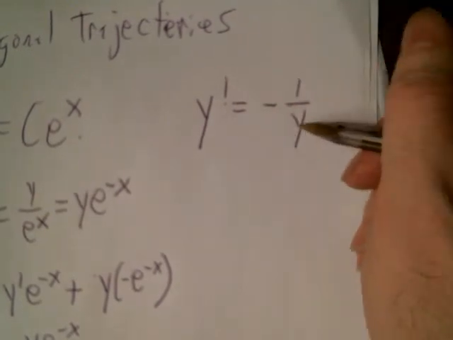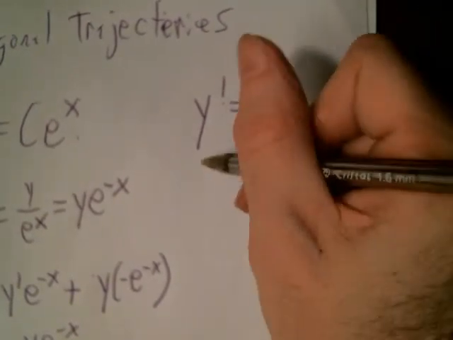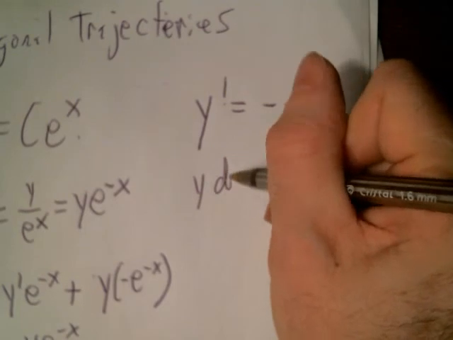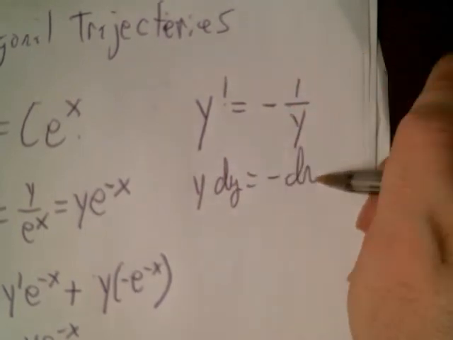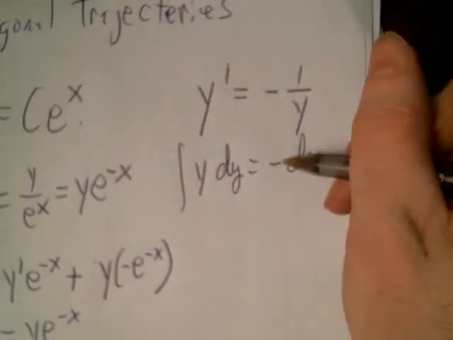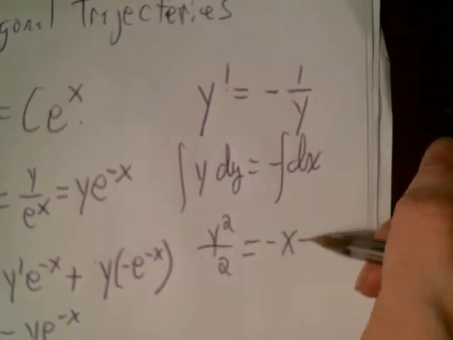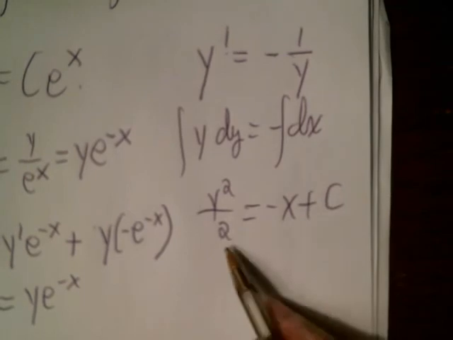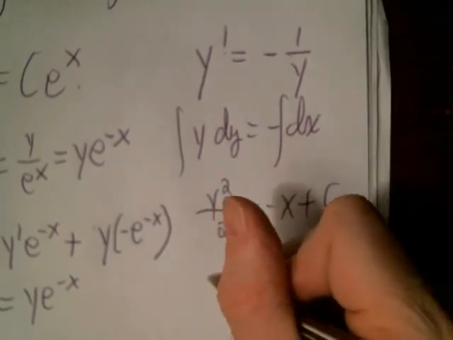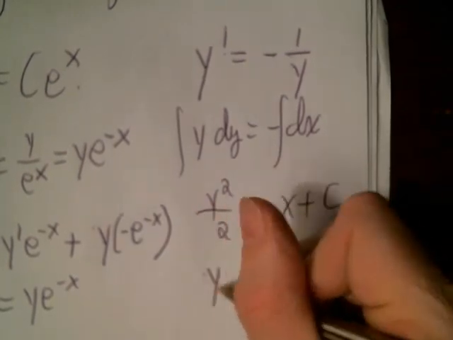Okay, so I'm going to multiply both sides by y. I get y times dy equals negative dx, and then integrate both sides. And then I'm going to multiply through to get a nicer looking form.